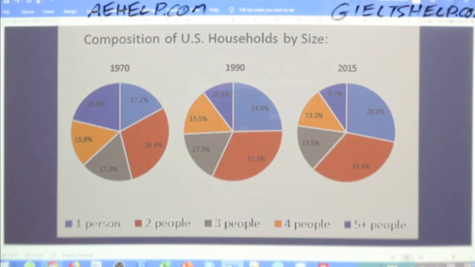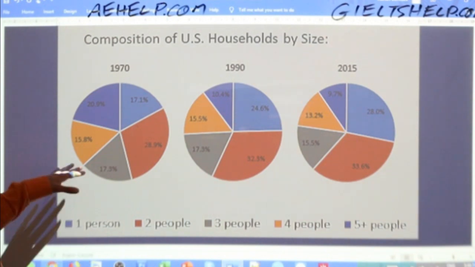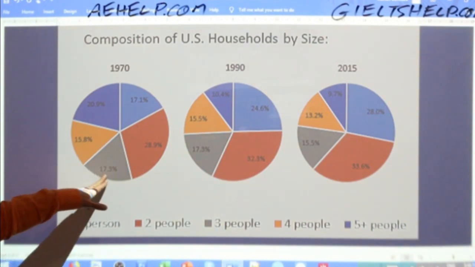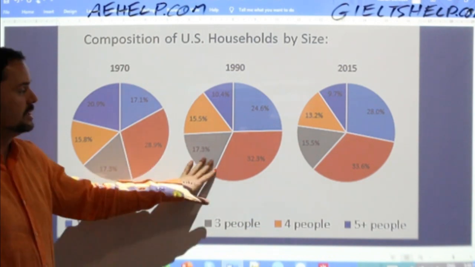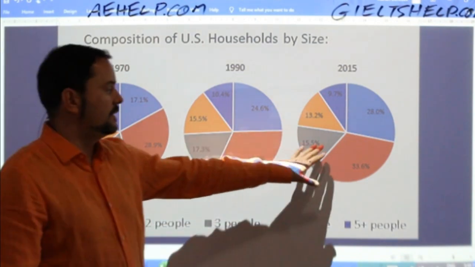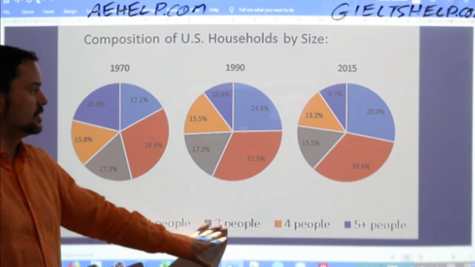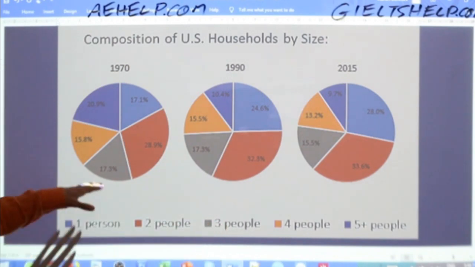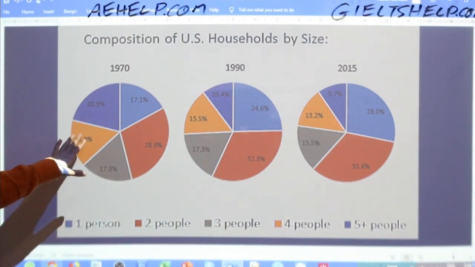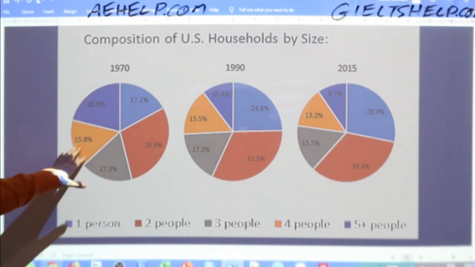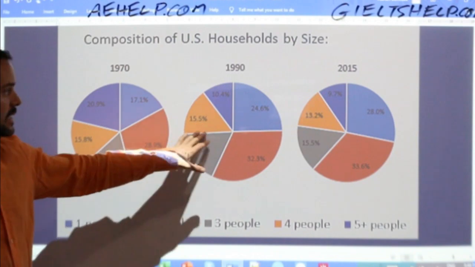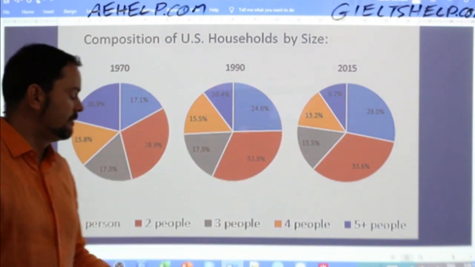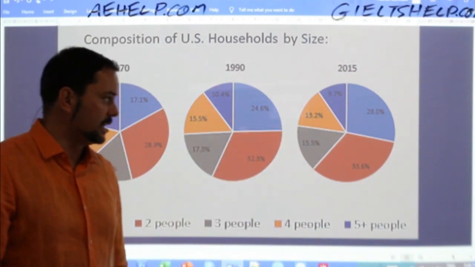Now we have point 4, 17.3, 17.3, and 15.5 for 3-person occupancy. And then we have point number 5, which is the 15, 15, and 13% for 4-person occupancy.